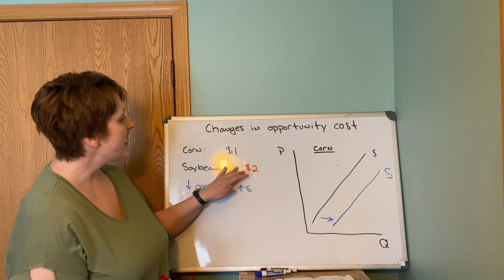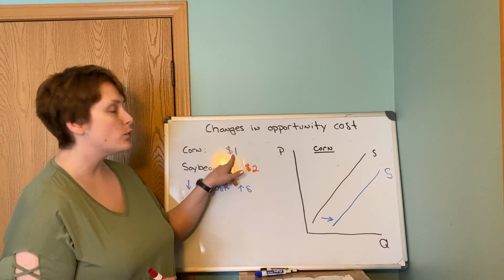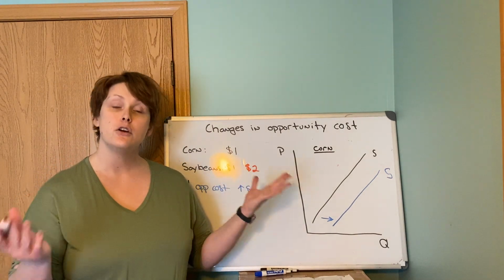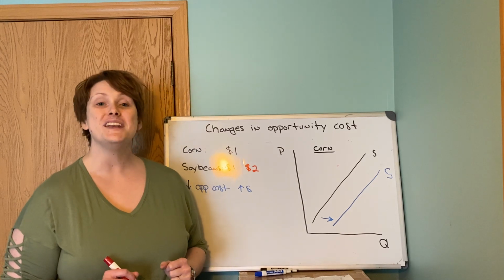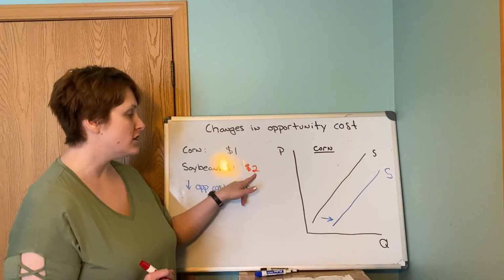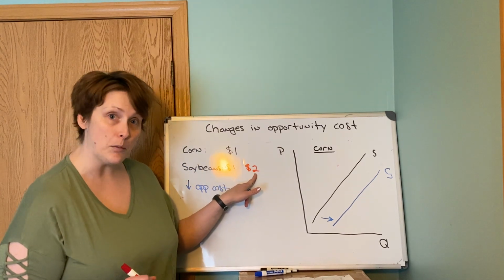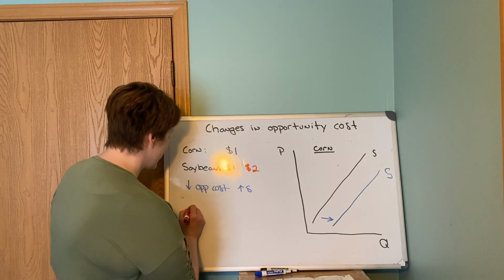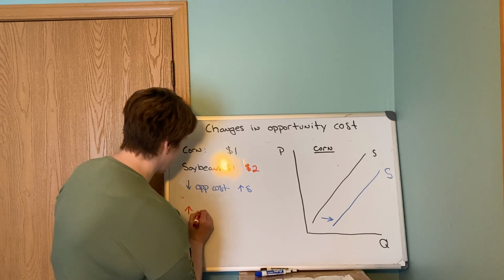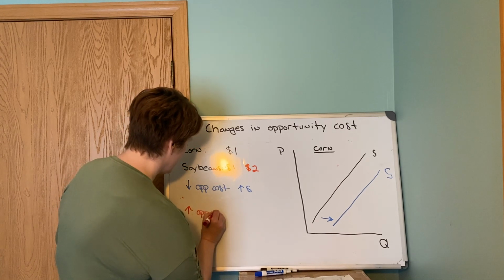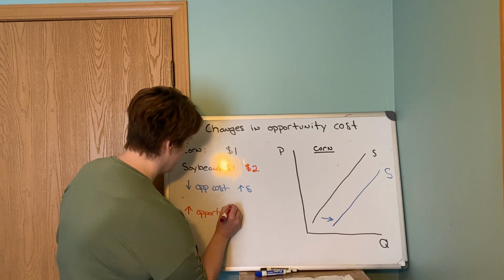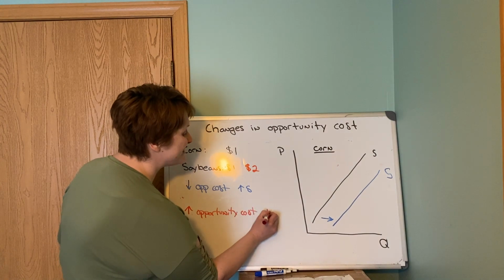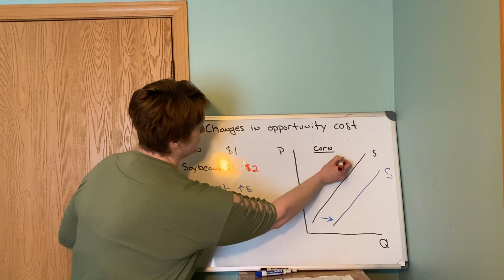So now, if originally we could have sold either at $1, we would have been indifferent. But now our opportunity cost, what we are giving up, has just increased. So an increase in our opportunity cost is going to cause a decrease in our supply.